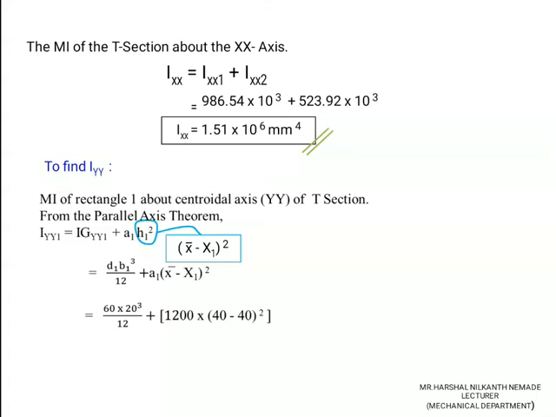So H1 is not there, so I will write instead of H1, x bar minus x1 square. For Igyy formula is d1 b1 cube divided by 12 plus a1 bracket x bar minus x1 the whole square. So substituting the value, I will get answer Iyy1 is equal to 40 into 10 raised to 3 mm raised to 4.